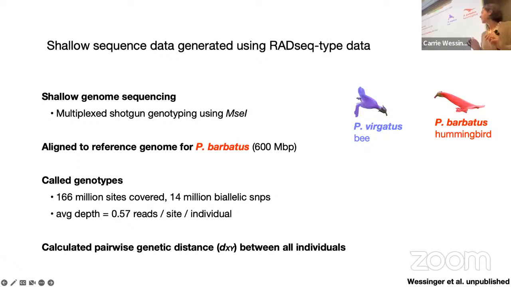So we aligned these data to our new reference genome and called genotypes, which gave us shallow coverage across roughly a quarter of the total genome length. And then we calculated pairwise genetic distance between all individuals in the study.